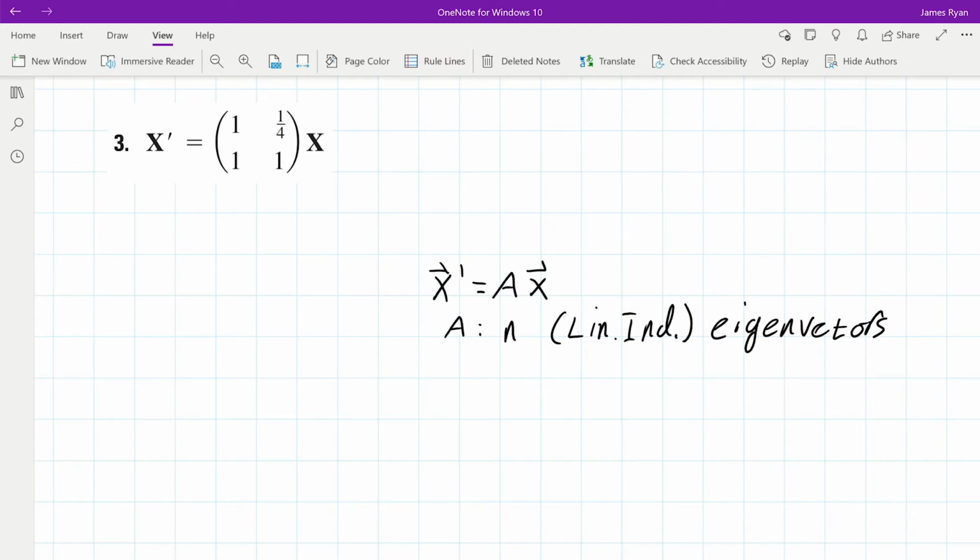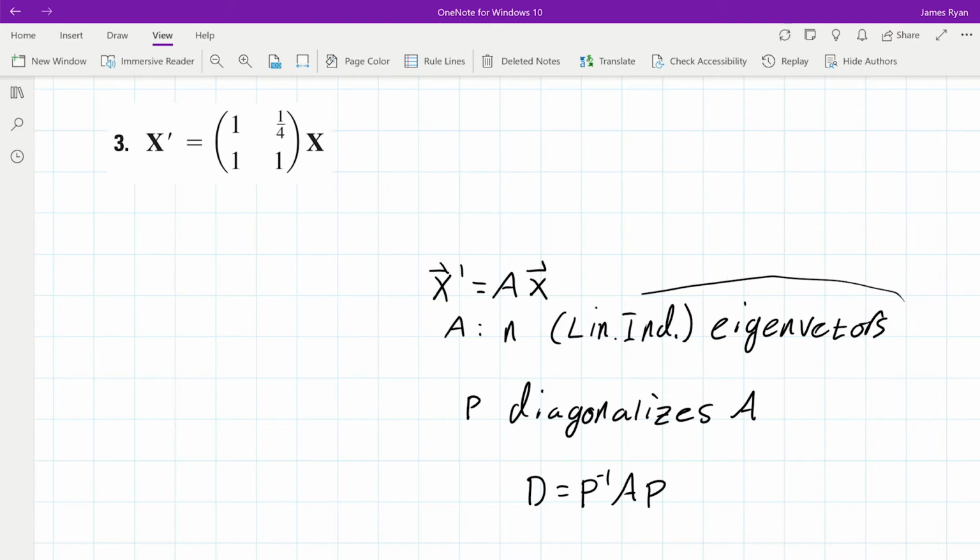If A is diagonalizable, then there is a matrix P that diagonalizes A. So P diagonalizes A by D, the diagonal matrix, equals P inverse times A times P. If we meet this condition, then this is true, and if this is true, then we can solve this system by diagonalization.